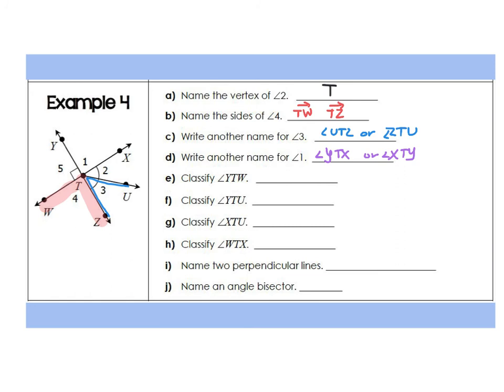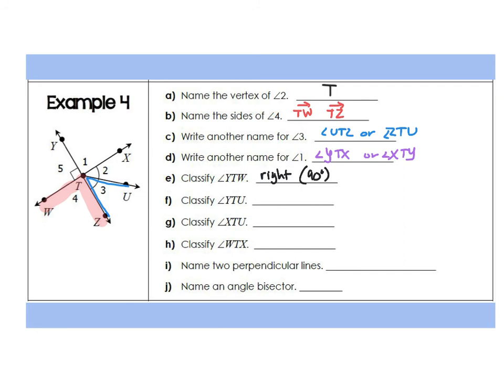Now we're going to classify angle YTW. If you look at YTW, that is going to be a right angle. That is exactly 90 degrees because it has that little square or little box. The next one we have is angle YTU.